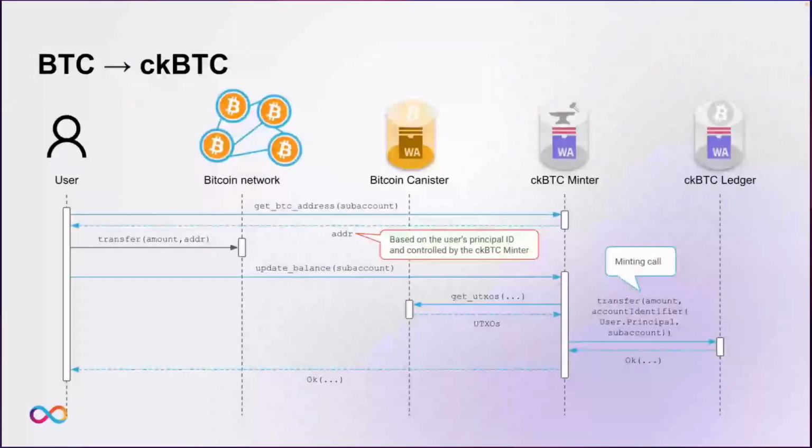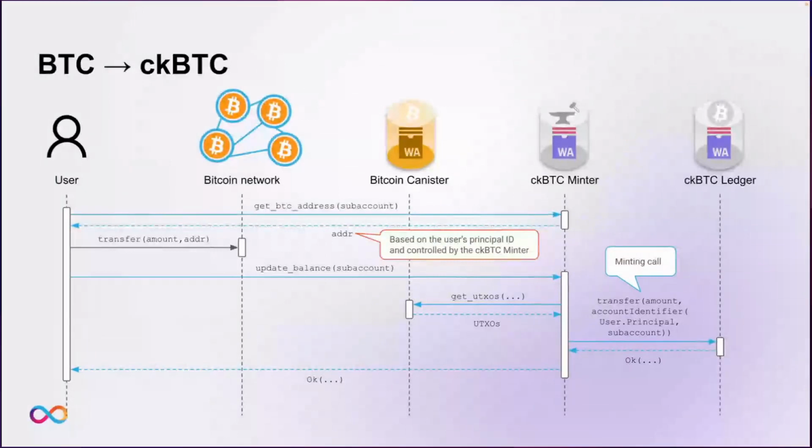So now that we know what ckBTC is, let's see how it builds on top of the Bitcoin direct integration by looking at the process of converting BTC into ckBTC. We start by querying the ckBTC minter for a Bitcoin address that is reserved for us on the Bitcoin network.